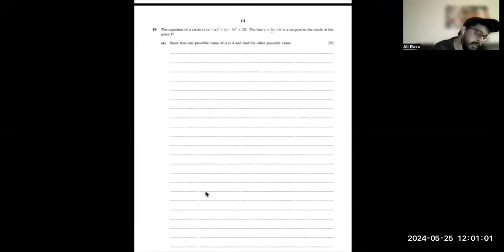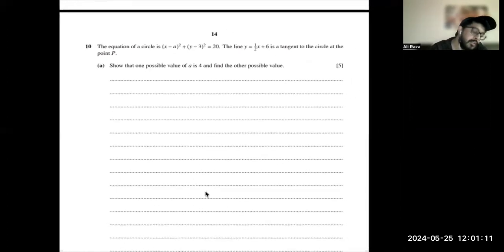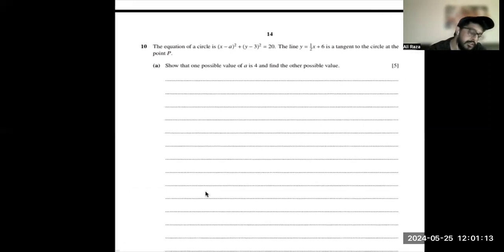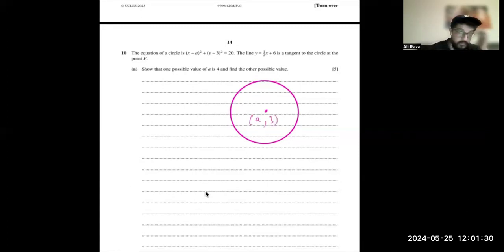In question 10, we have the equation of a circle, x minus a whole squared plus y minus 3 whole squared is equal to 20. The line y is equal to half x plus 6 is the tangent to the circle at the point P. We have the center as (a, 3).